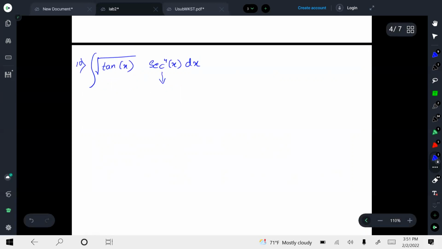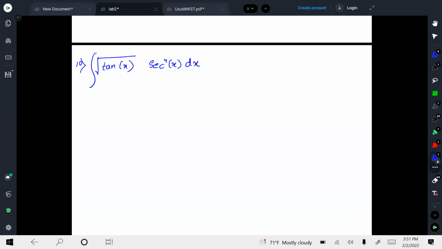You can minimize this. We have a higher power, so we can bring it down to secant square. And then we can do U substitution, then solve it. Okay, that's one method. Or if you want to do U substitution without simplifying, that is also fine, but you might have to solve with an extra number of steps.